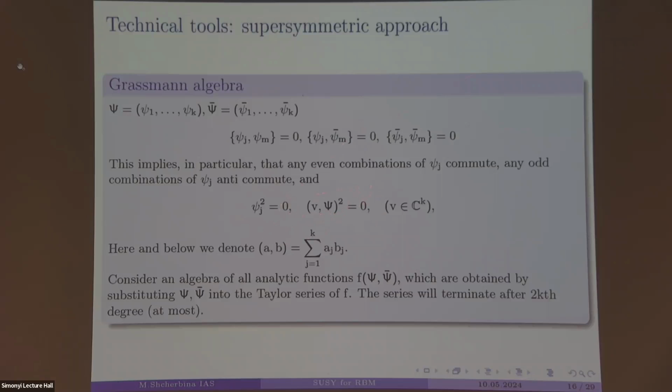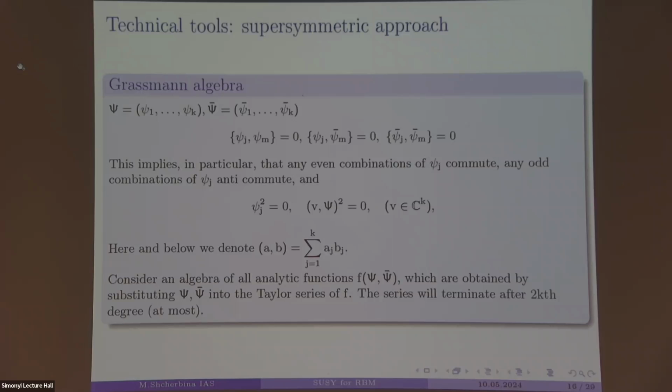And now our problem is to define an algebra on these Grassmann variables, and we consider an analytic function, I mean a function that can be expanded in a series. Instead of the 2k variables, we put in this expansion, I mean in the Taylor series, these Grassmann variables.